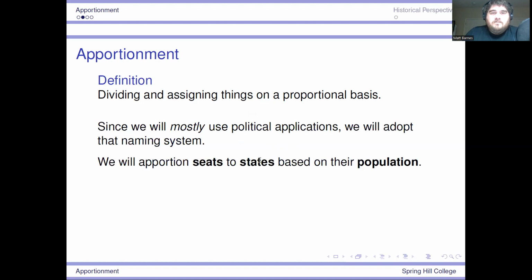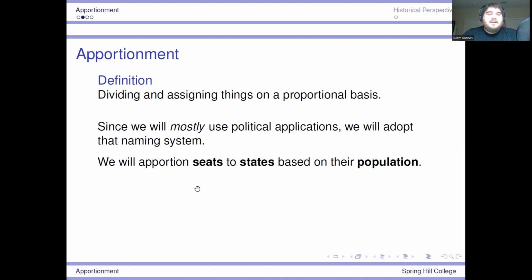So we will generally use seats and apportion those to states based on their population, but we can look at different things here in the worksheet. I believe it's nurses to shifts based on the number of patients. So anything like that, there's a lot of different applications for it, but we'll stick to mainly the political one just so we have some terminology that's consistent.